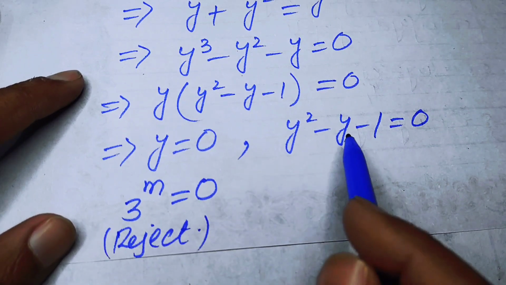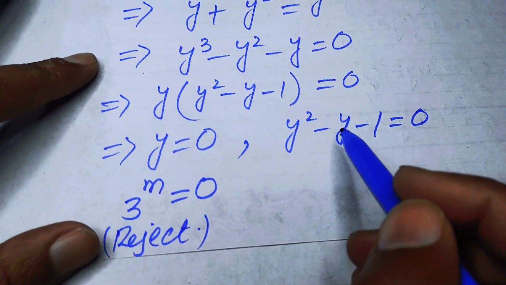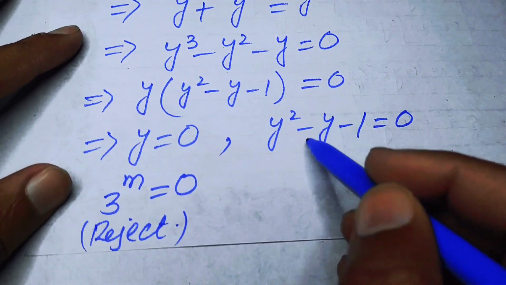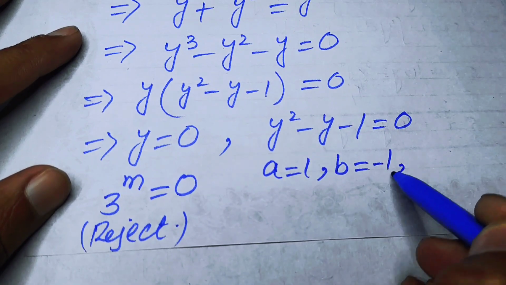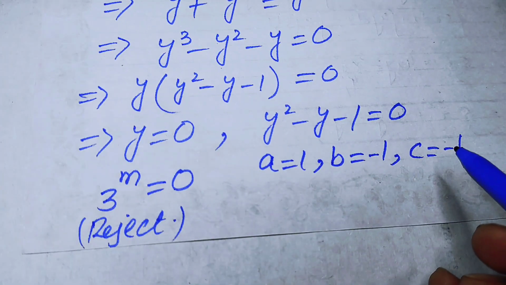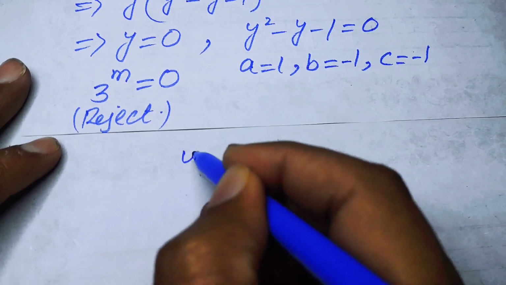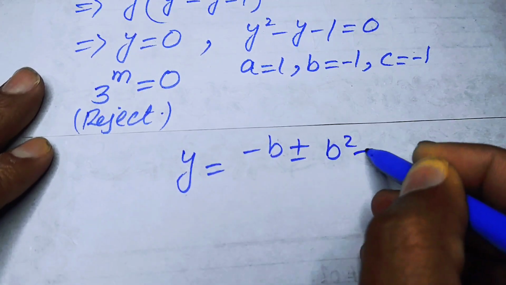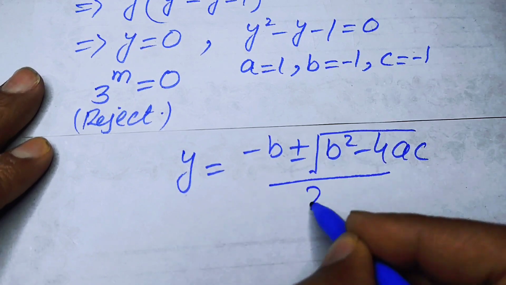Okay, now we can just proceed with this case only, so in this case we can solve the quadratic equation by using the quadratic formula, so that we have a is equal to 1 and b is equal to minus 1 and c is equal to minus 1. So now we can apply here the quadratic formula, and you know very well about the quadratic formula, and you know that y is equal to minus b plus minus square root of b squared minus 4ac, over 2a.